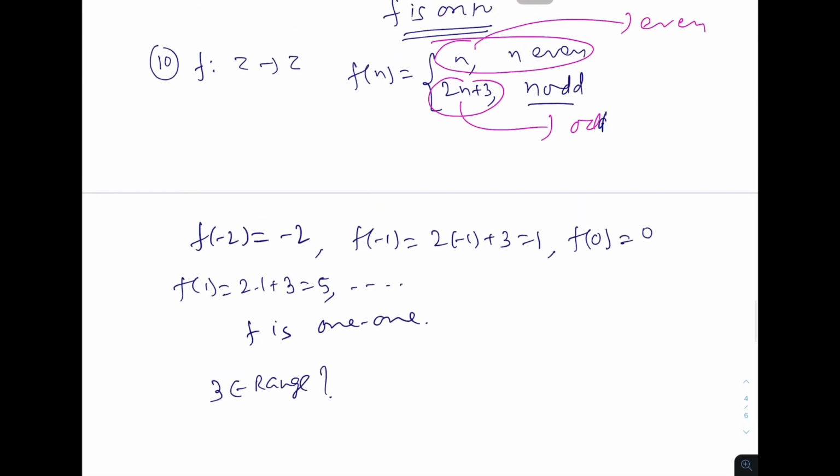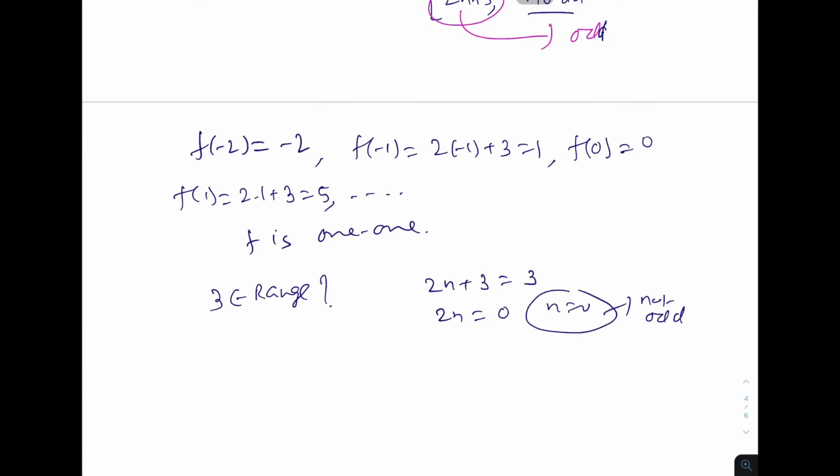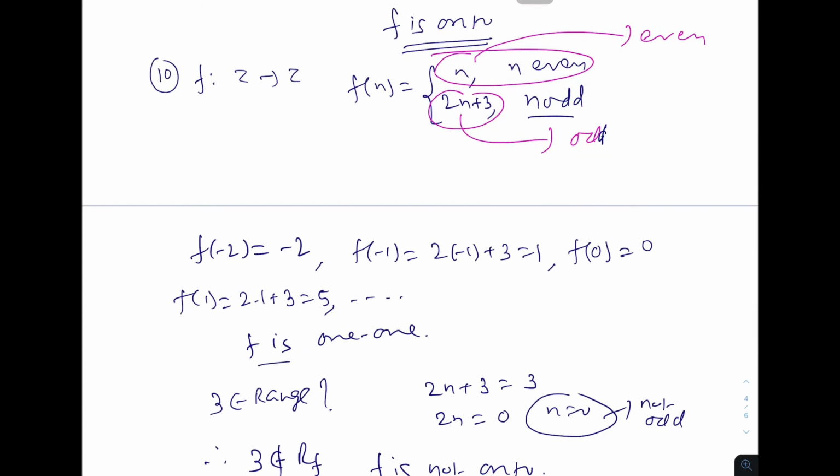Now 3 is odd, so if it is in the range, it will be here only, never here. So 2n plus 3 should be equal to 3. So 2n equals 0, n equals 0, but 0 is not odd, it is even. That means there is no odd number where 2n plus 3 is 3. That means 3 is not in the range. f is not onto. It is one-one, but not onto.